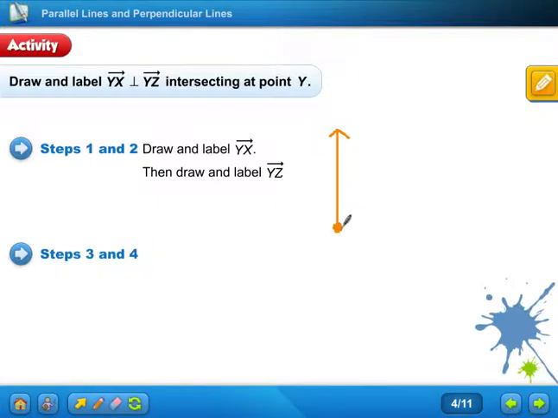It's kind of hard to draw in here sometimes, guys. Y is going to be the end of the ray, and then an X right there. And then draw and label ray YZ.